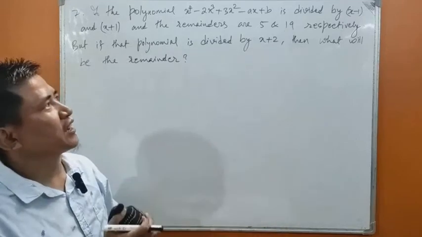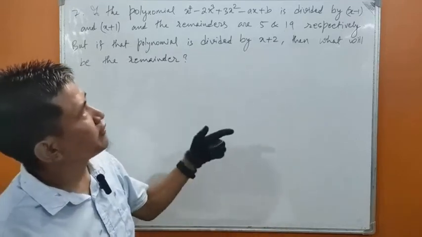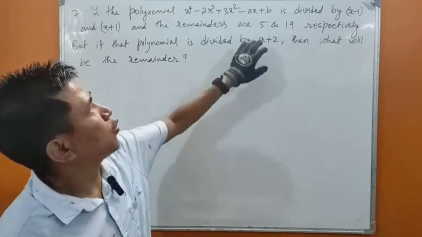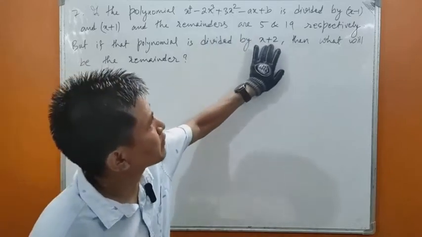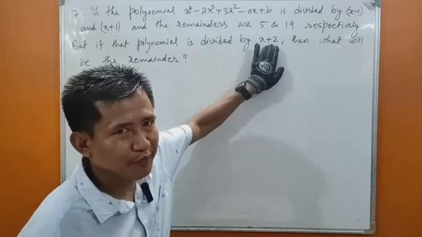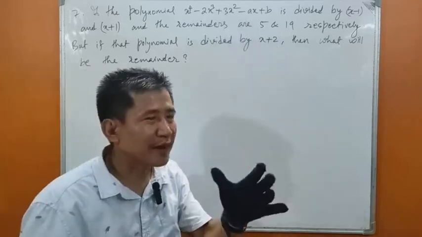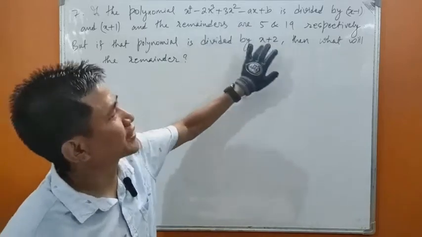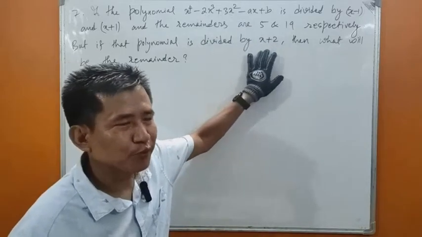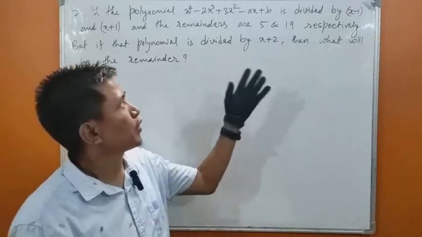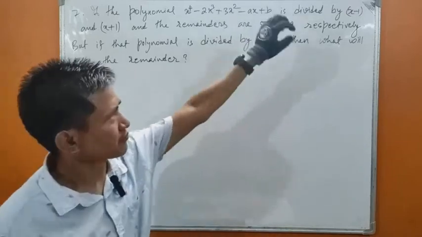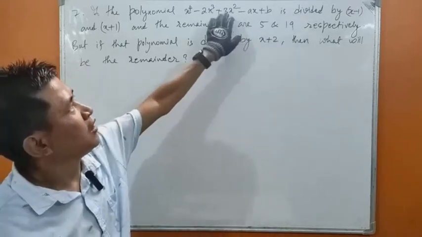Now the question is asking, what will be the value of the remainder when this expression is divided by x plus 2? Got my point? First, we calculate the value of a and b. How?